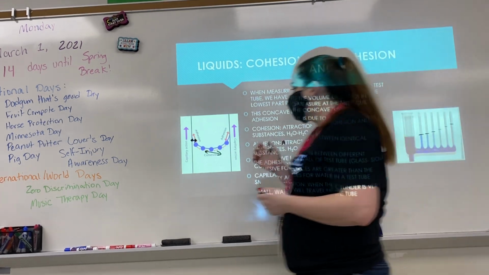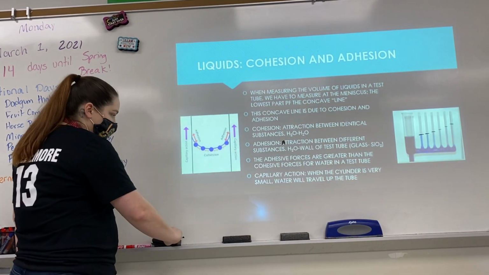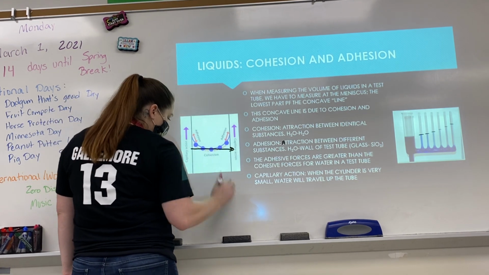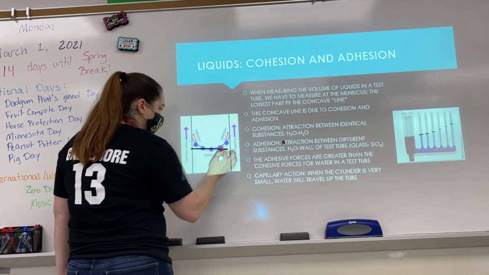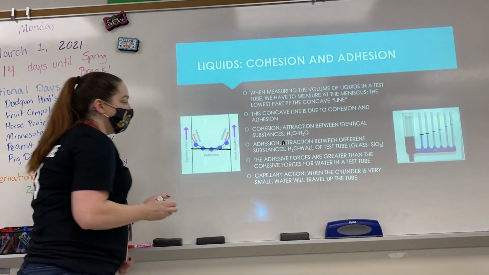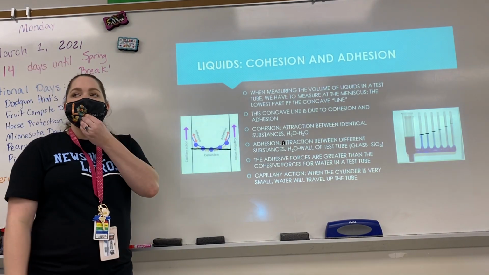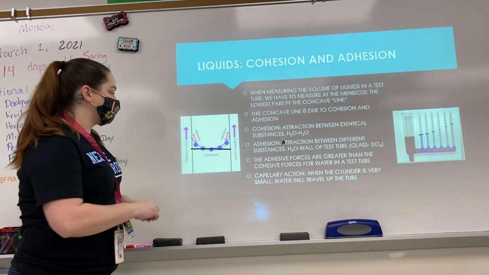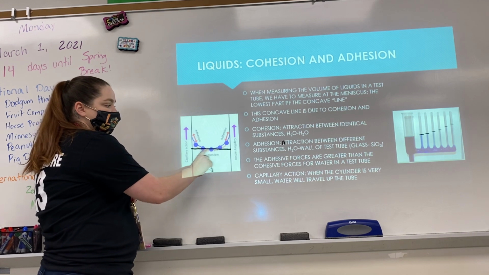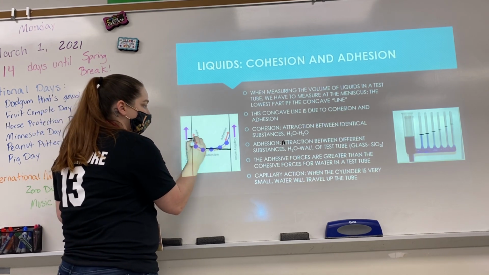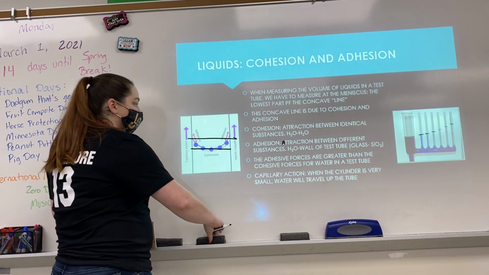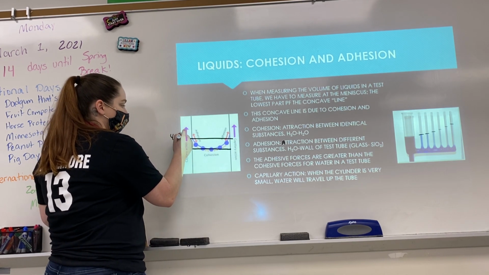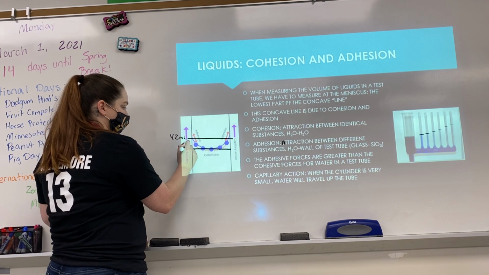This is also why we have to read a meniscus. If you are looking at a graduated cylinder measuring a liquid in the lab, you have to get down at eye level and look at the measurement at this part. If you look at the measurement up here, you are going to read the wrong number. Let's say that is 42 milliliters and this is 40 milliliters.